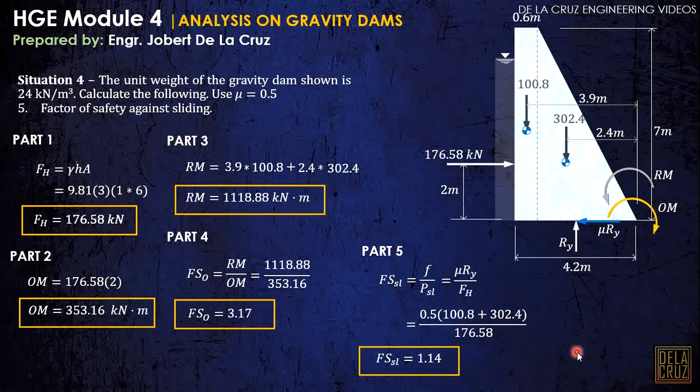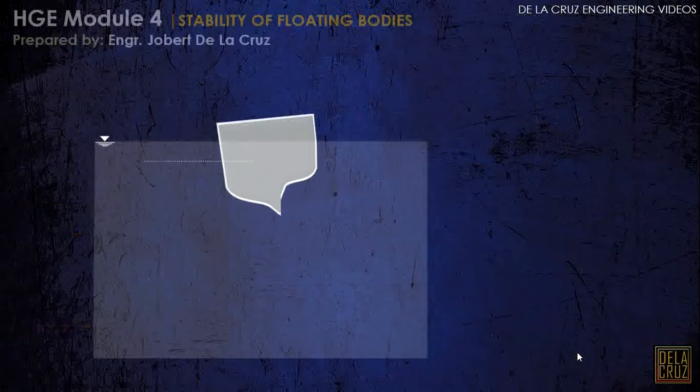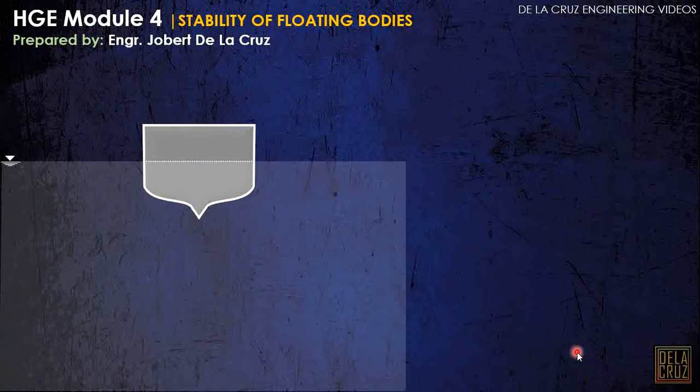So, let's move to the stability of floating bodies. Okay, so stability of floating bodies, actually this is a continuation on the buoyancy topic, na? Because stability of floating bodies talks about floating body nga, okay? Floating body that is due to the buoyant force, kaya ma-float ang ating dam.